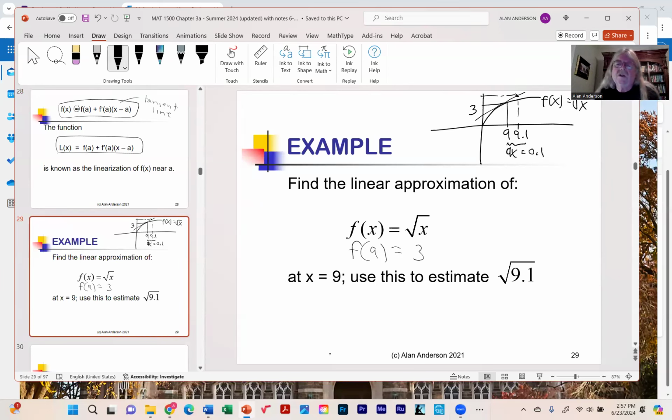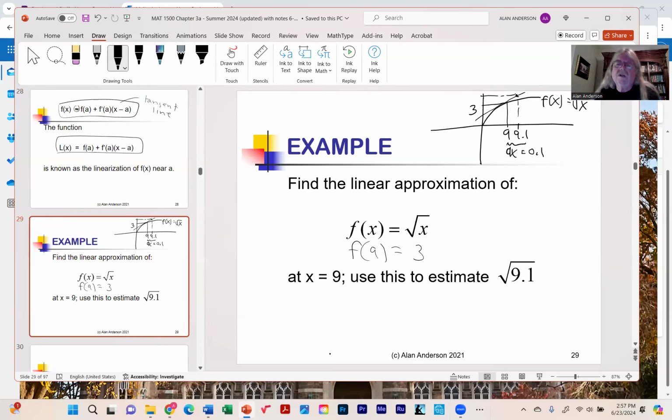So we're going to try the square root of 9.1, and let's see how close the approximation is. Now, based on that curve, you can see that whatever number we get will be a little too high because the tangent line is above the curve. So let's see how high it is.